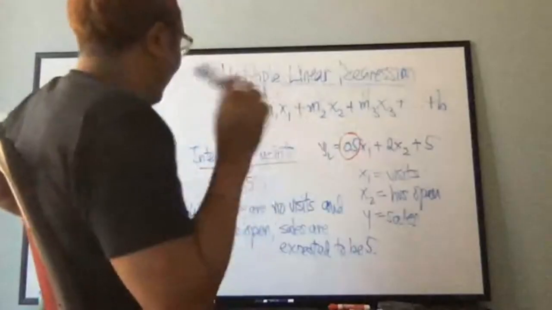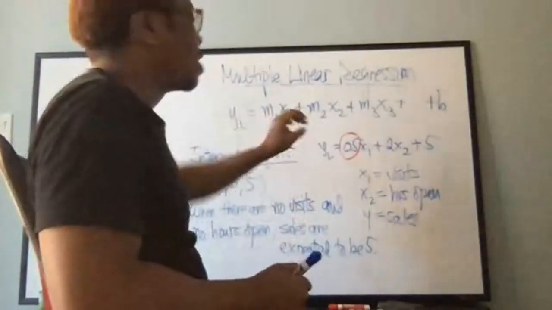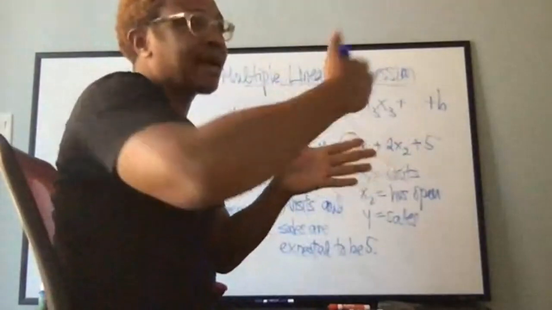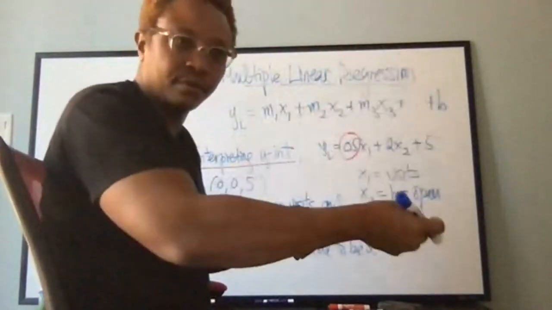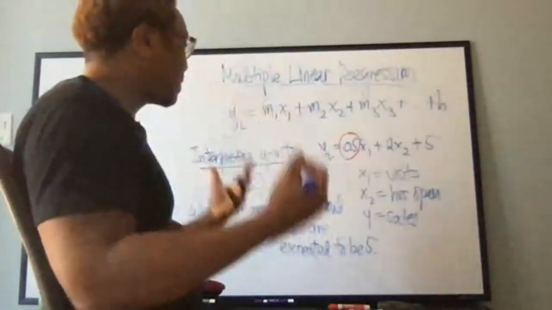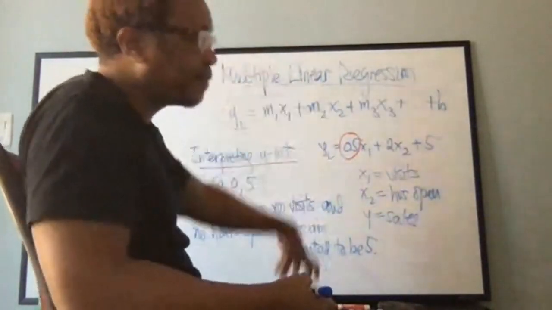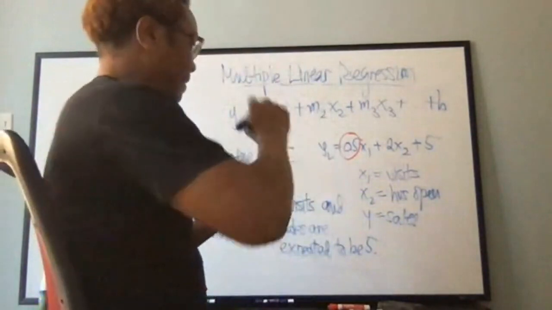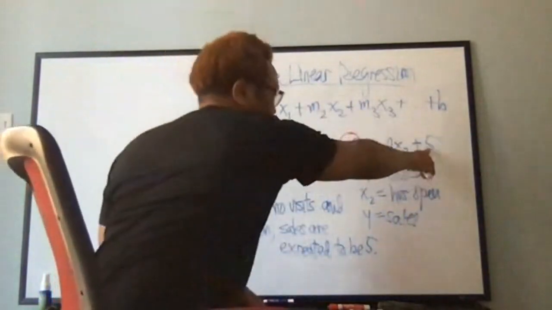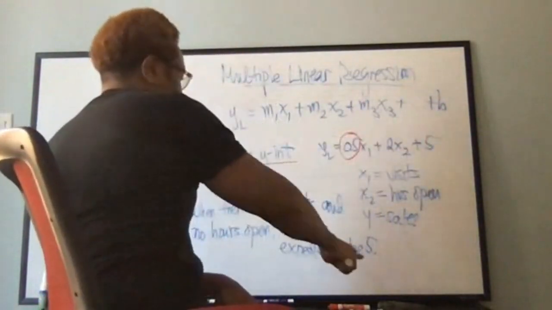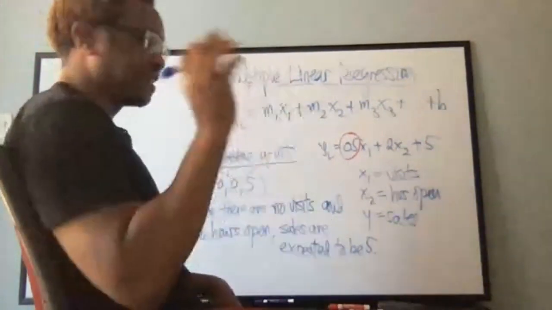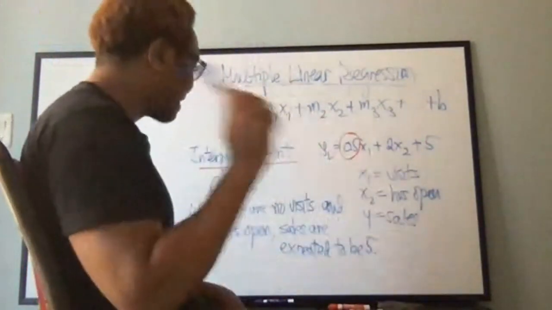Exactly. It's just that here you have more than one x column to consider, right? But when I'm interpreting it, I'm still saying 0 of the first one, 0 of the second one, and then I interpret whatever the y-intercept is, this 5 here, right? That's exactly right.